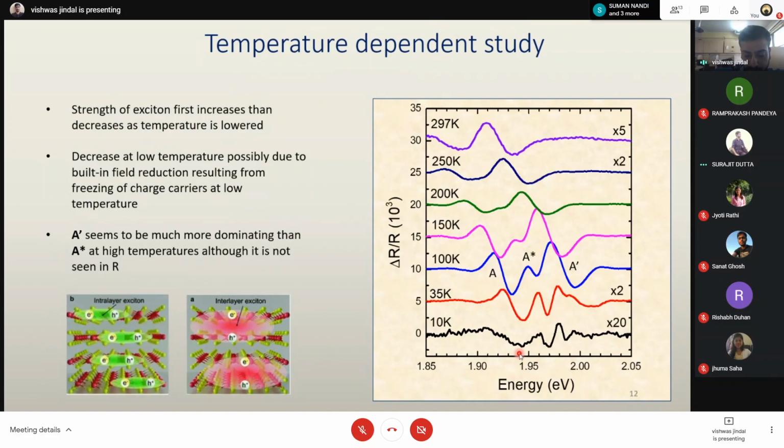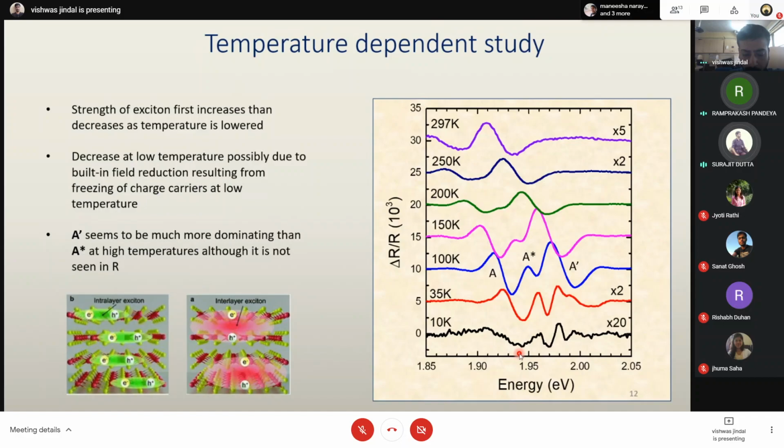Vishwas, there is another way to explain it. As you decrease the temperature, the Fermi distribution will be sharper. So then you have fewer electrons in the conduction band, and if there is no electron in the conduction band, there is no hole in the valence band. So he's saying that as the temperature decreases, your number of excitons becomes lesser and lesser.